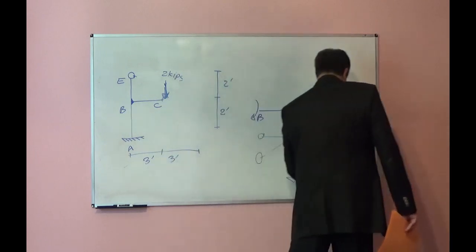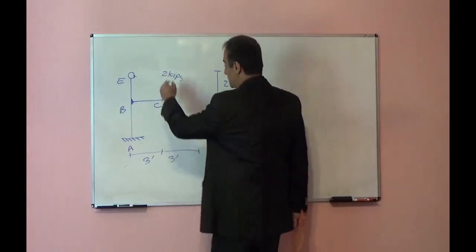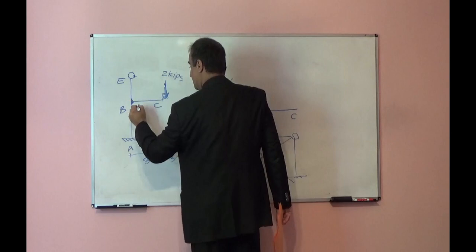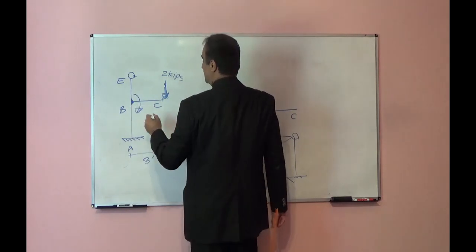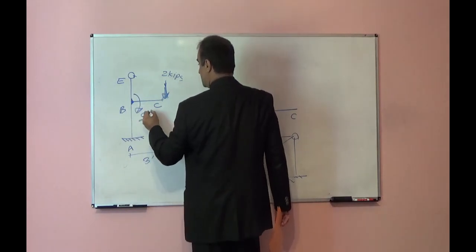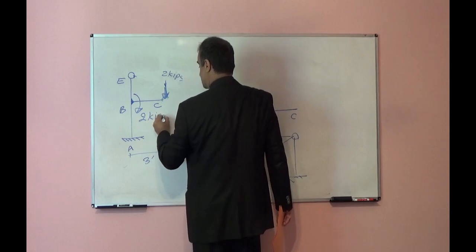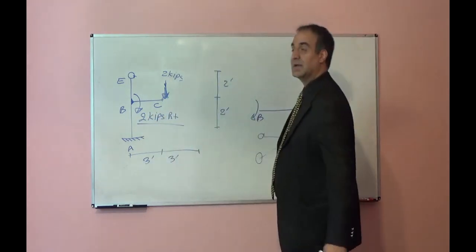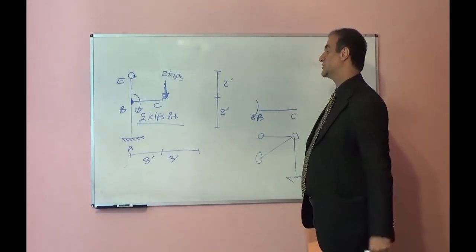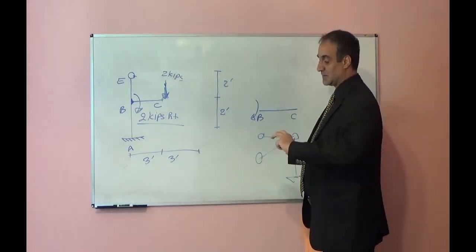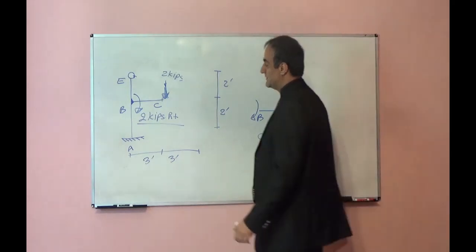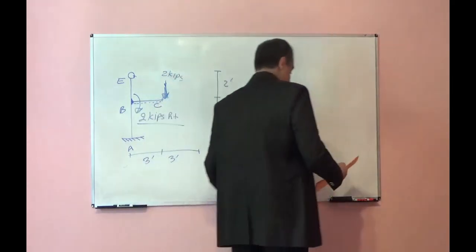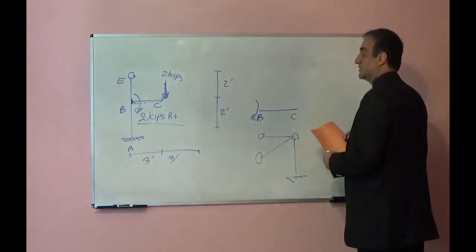So what is the moment now at point B? The moment at point B will be 2 kips times 3 feet, load times distance. And the moment direction will be clockwise, and it will create compression underneath, so it is a negative moment.